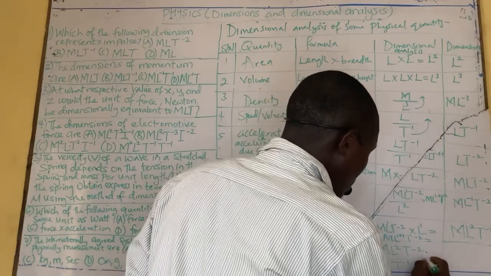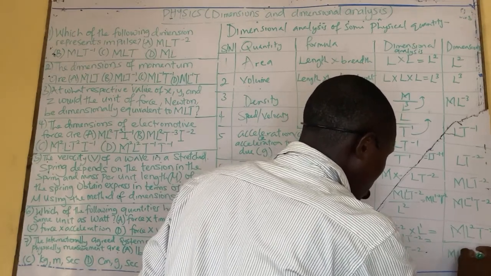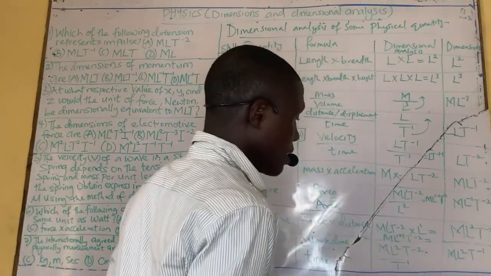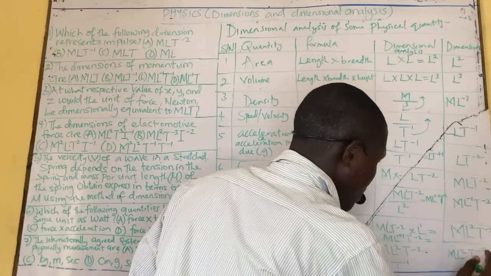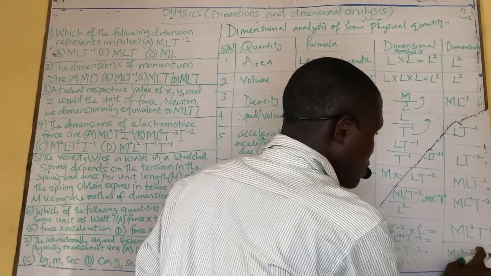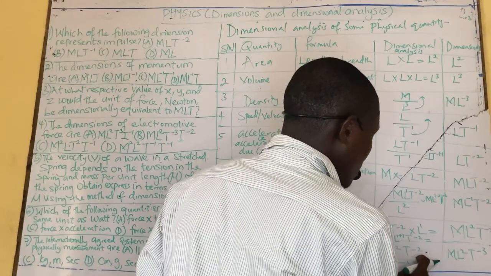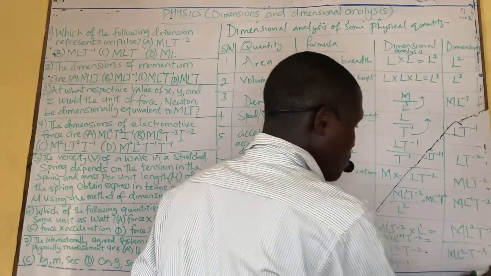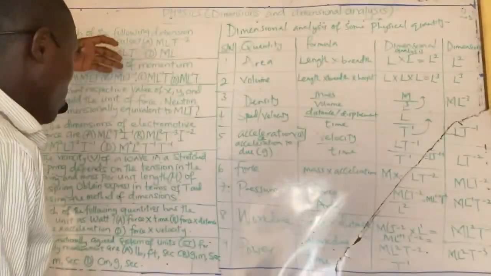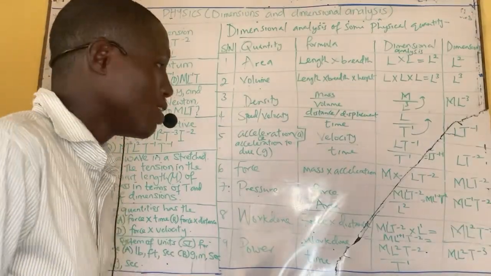So it will now be M L squared per T cubed. How do I get that? This one becomes minus 1. It's going to be minus 2 minus 1, so it's going to be minus 3. I repeat myself: this one goes up, it will become minus 1, so minus 2 minus 1 is minus 3. So don't worry if you haven't gotten this one, and we are going to consider the questions after, so as to be able to get the explanation very well.